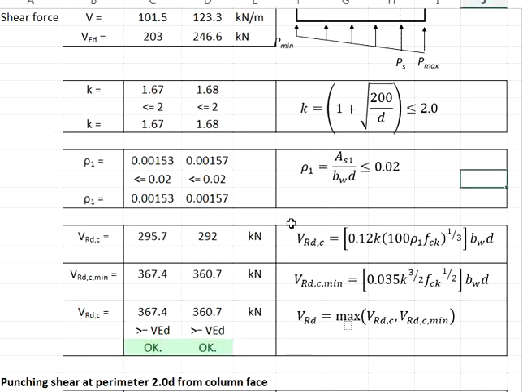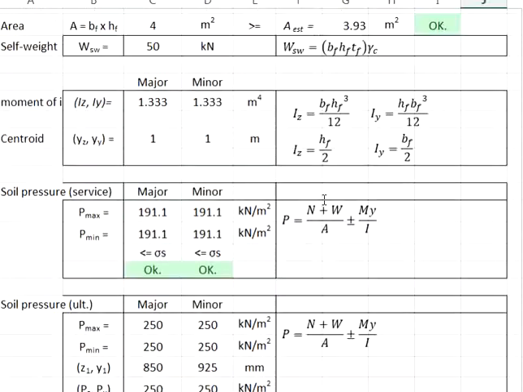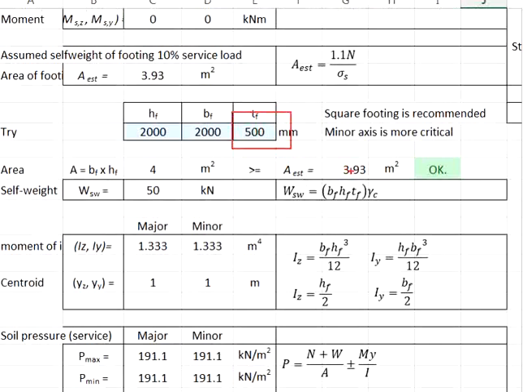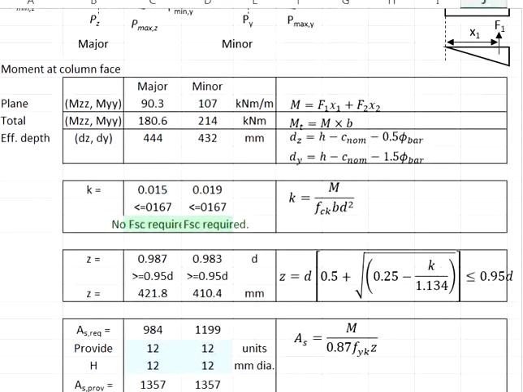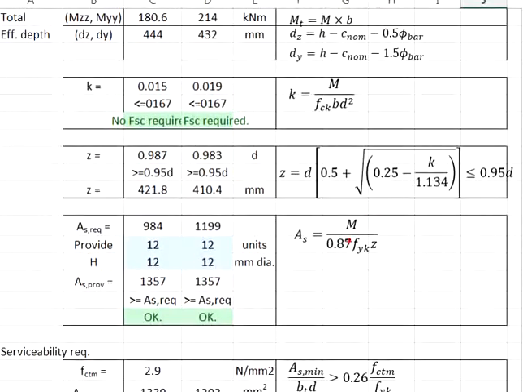Let's say now you wish to go for a more economical solution, or you feel that the thickness of the pad footing is too high, then you can choose to reduce the thickness and redo the calculations. Changing the thickness here shall result in changes in terms of the effective depth as well as changes in terms of the amount of reinforcement bar required.